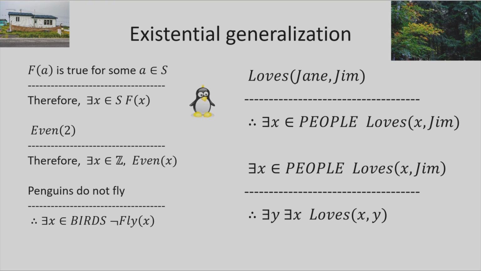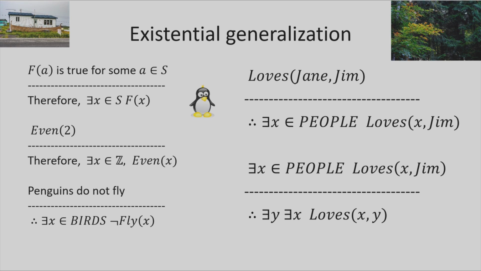Well, that's 2. If we know that penguins don't fly, then there is some bird that doesn't fly. It's a counterexample to every bird flies. And we can apply that existential generalization rule more than once. For example, suppose we know that Jane loves Jim.